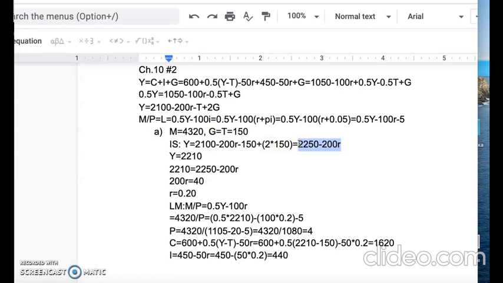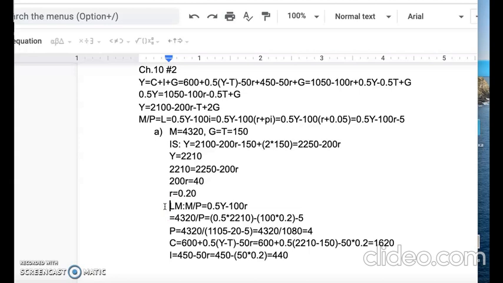But as we know from our hint, our output equals full employment output, which is 2,210. We just equate it to the remainder of our simplified equation, and we will finally have this equation where we can find the interest rate, which equals 0.2.